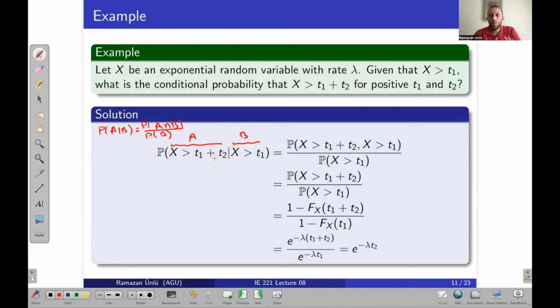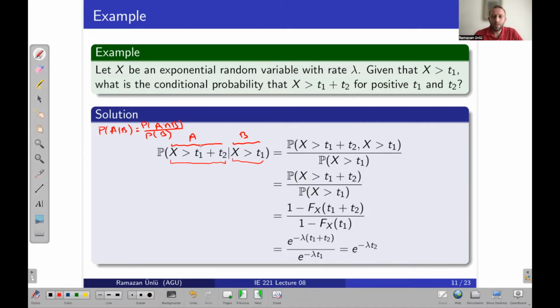We know that X is greater than t1, and the second event is X greater than t1 plus t2. If this happened, this has already happened, right? So in other words, these two events should occur at the same time.